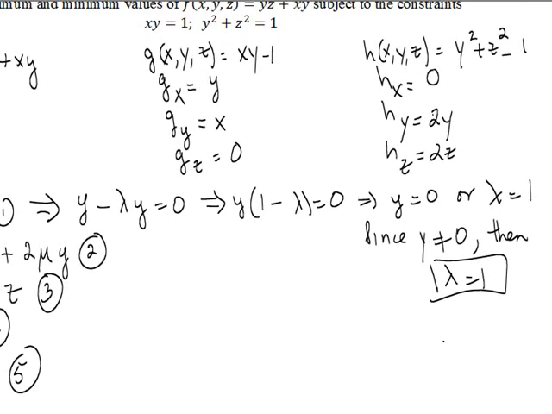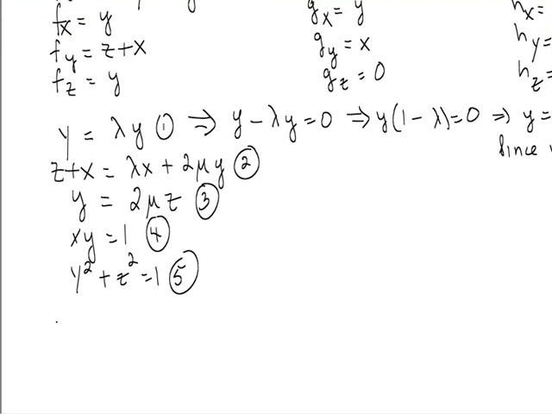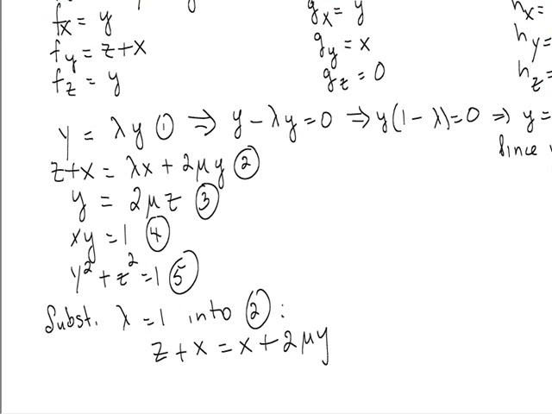So we can break down something there. What can we break down? We have lambda, so use it. Take this value for lambda and put it into the equation where there is a lambda. Where is it? We just did it. Number 2. Okay. So substitute lambda equals 1 into 2 to get z plus x equals x plus 2 mu y.